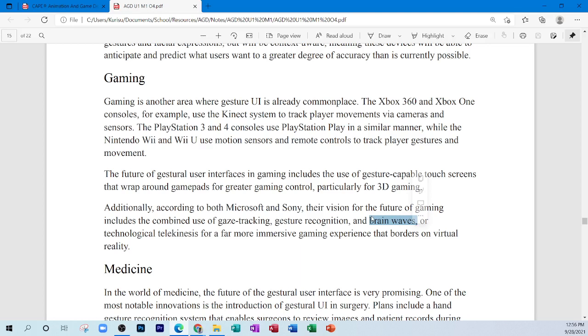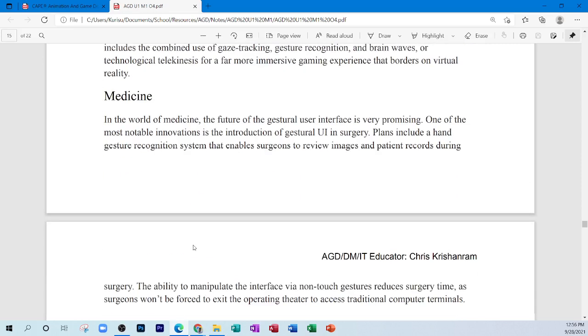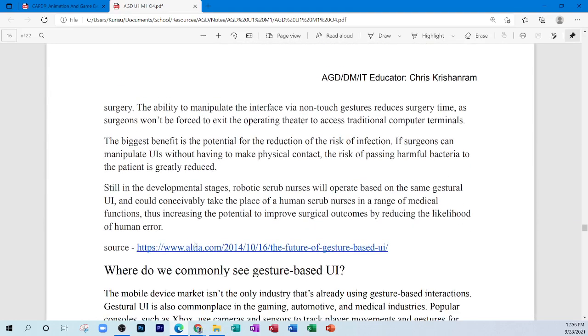There's a technology that can be attached to those parts of your body, and the system is going to recognize those signals and make the necessary movement in whatever system it's connected to. So all of that is possible in games and other technologies.